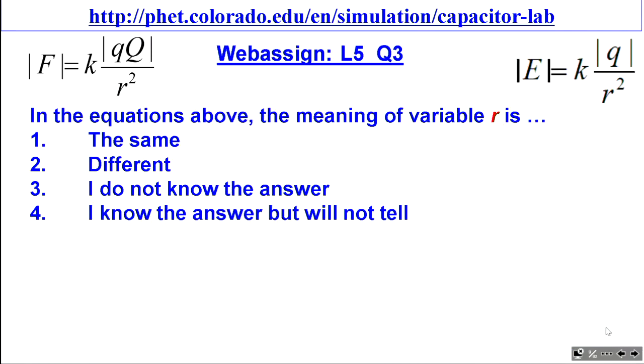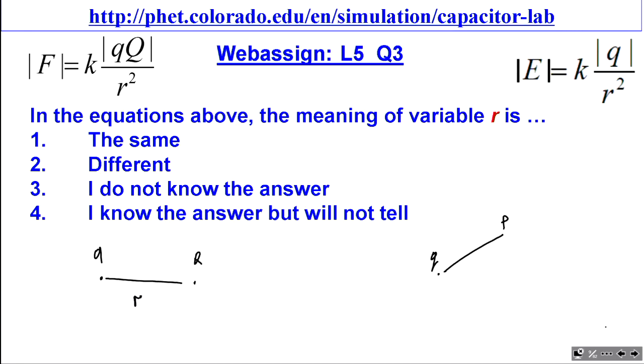For example, the Coulomb's law, it says you need to have two charges, and R represents a specific distance. And the second equation says you need to have a charge, and R represents a specific distance.